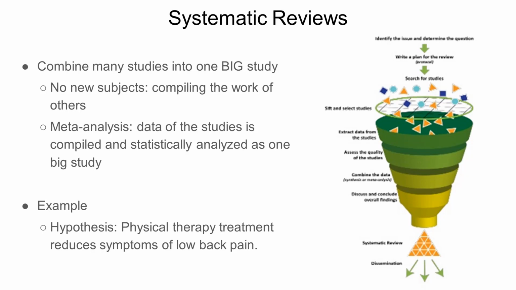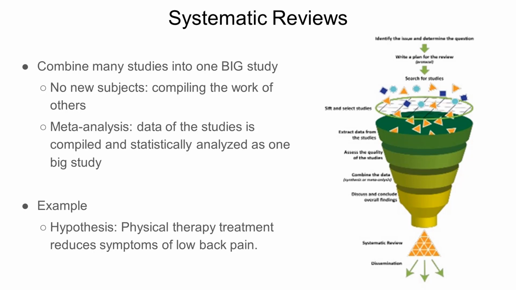Even though RCTs are considered the highest level of evidence that we've talked about so far, other studies can be included in systematic reviews as well, because not all studies are able to do RCTs, or they might not have enough patients available with a particular problem to do an RCT. So cohort studies or case control studies, as well as case studies and case series, can also be part of a systematic review.